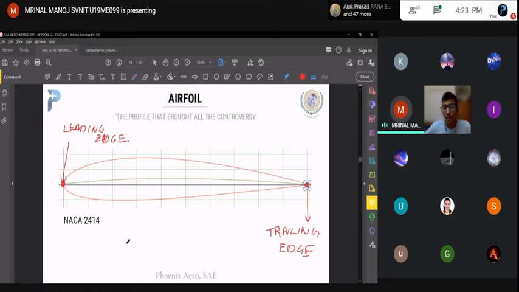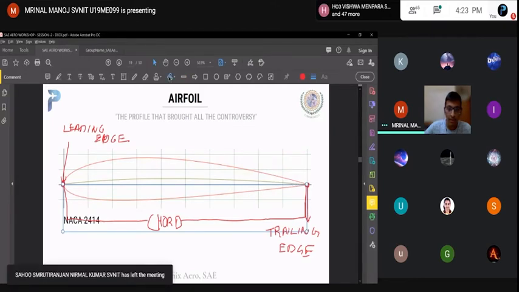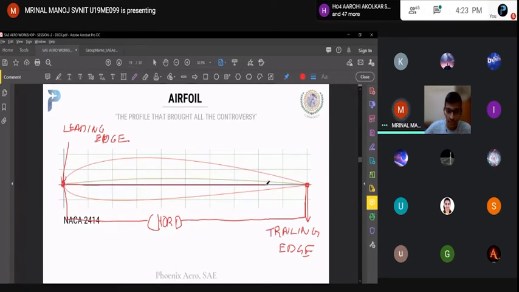Now, to characterize this airfoil, one of the main dimensions we use is something called the chord length. This is the chord of the airfoil, which is basically a straight line joining the leading edge to the trailing edge.